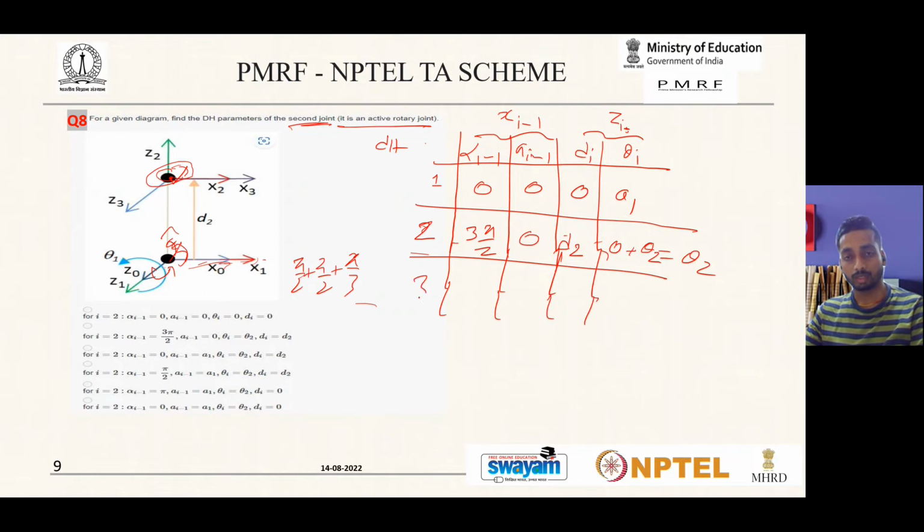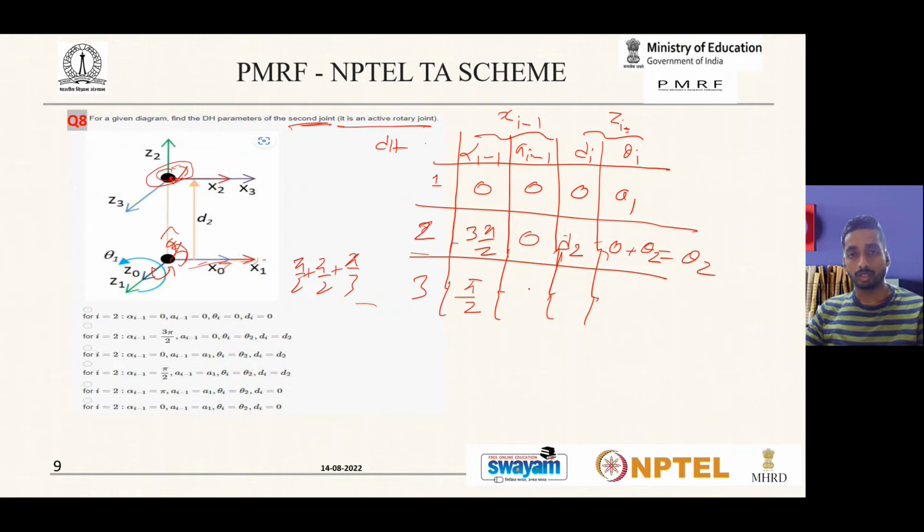Now for the third frame, we have Z3 here. From Z2 to Z3, what is the angle along X2? If you point your thumb around X2, and Z2 is upward, then if you rotate by 90 degrees, we get Z3. So this is pi by 2. Then a i minus 1, the distance between Z2 and Z3 along X2.